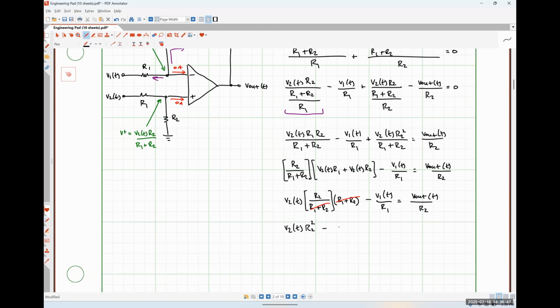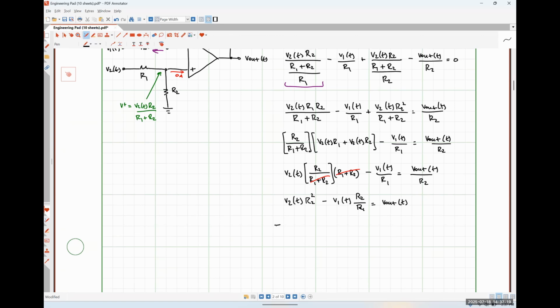That's going to look like V1 times R2 over R1 is equal to V out, which isn't quite what I'm expecting. So I've got to have some error somewhere in the derivation, and I can't really find it.